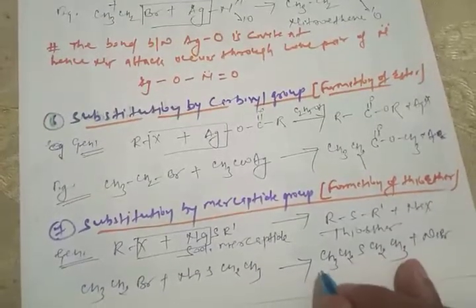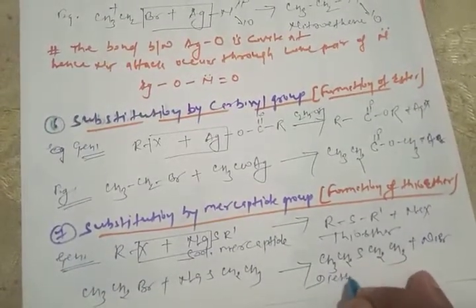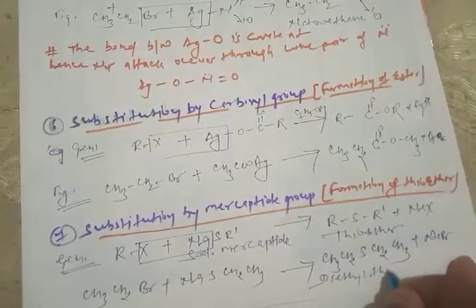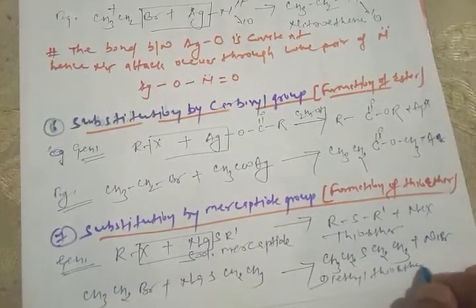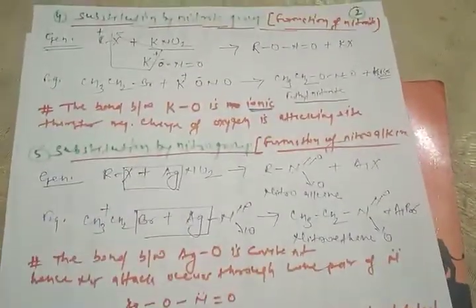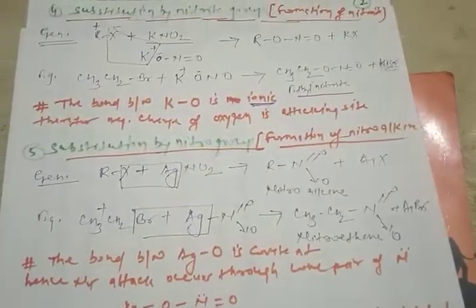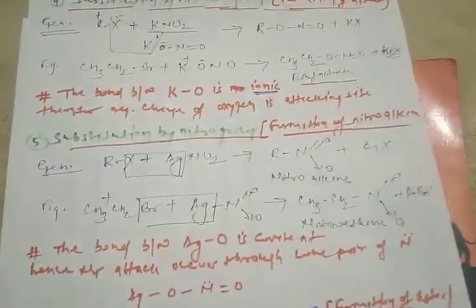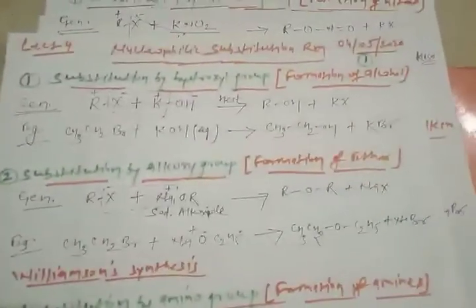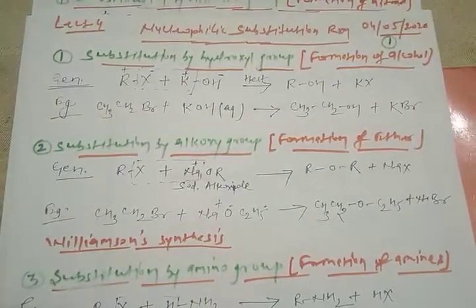We have two ethyl groups, so diethyl thioether. So this is the end of the 7th reaction. These all are examples of nucleophilic substitution reactions.